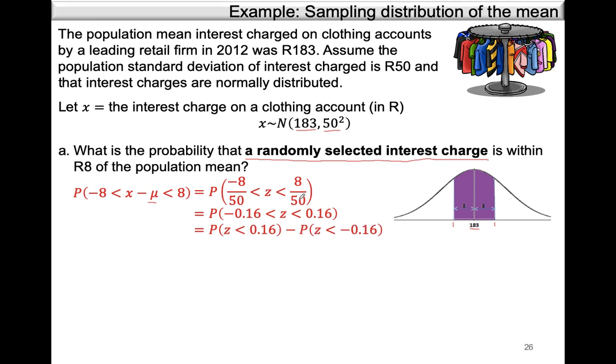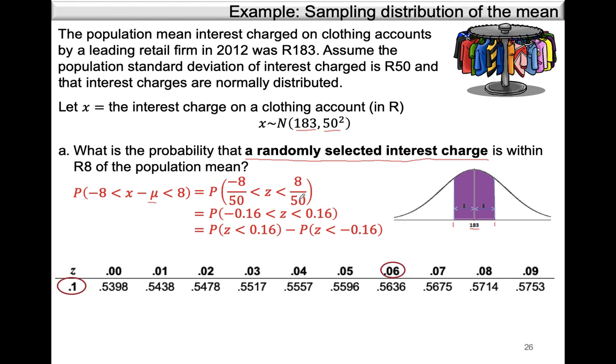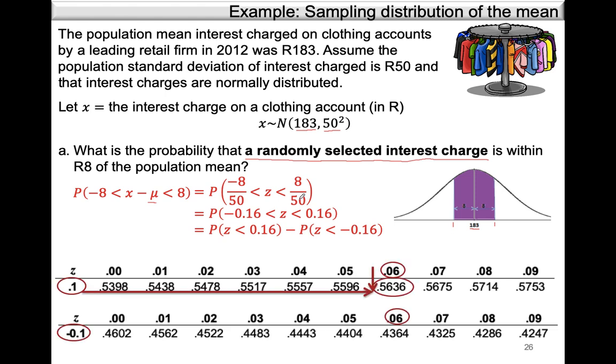We rewrite this as the probability of z less than 0.16 minus the probability of z less than minus 0.16. And we can head to the tables and find our 2 probability values. This will give us 0.5636 minus 0.4364 in order to get our final answer of 0.1272.